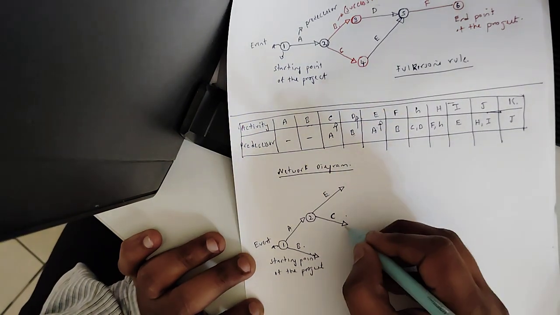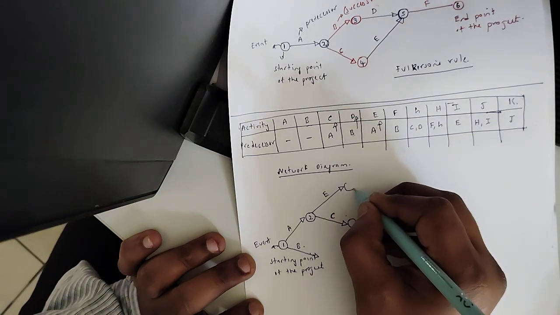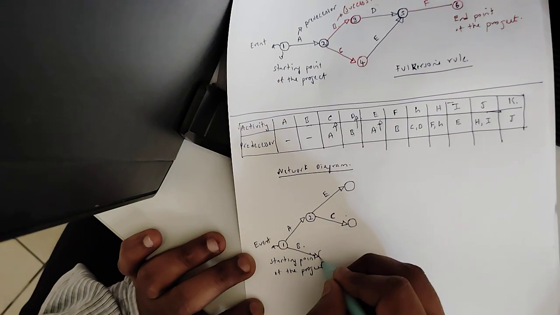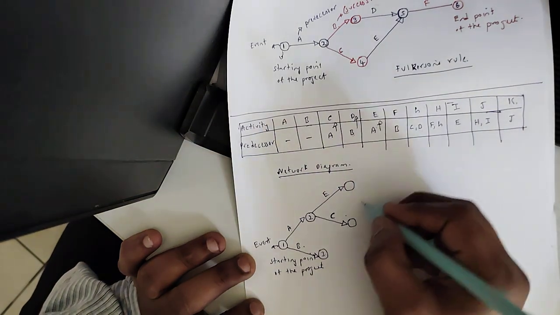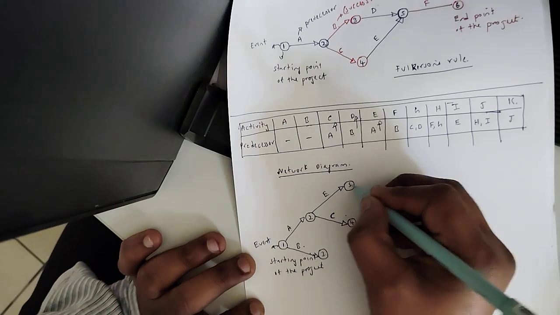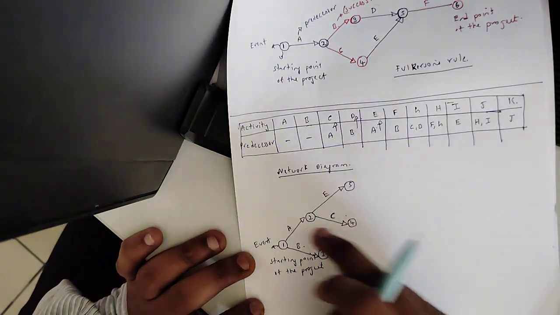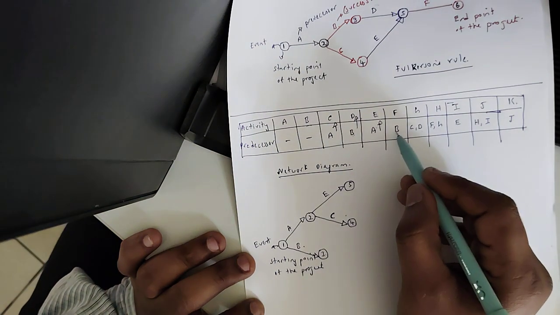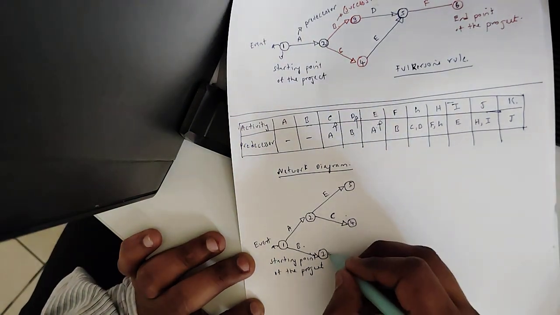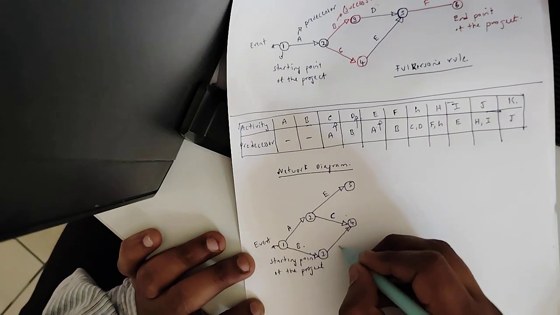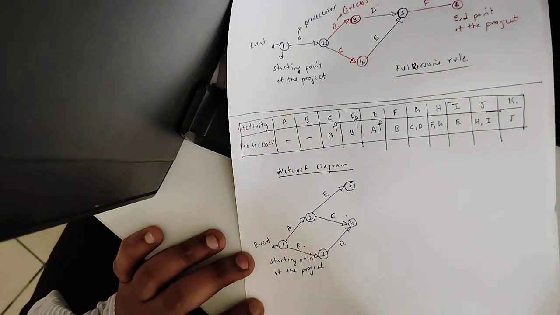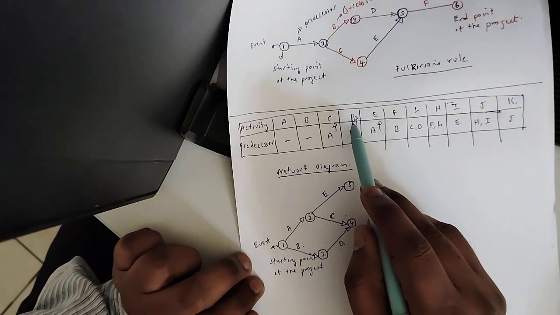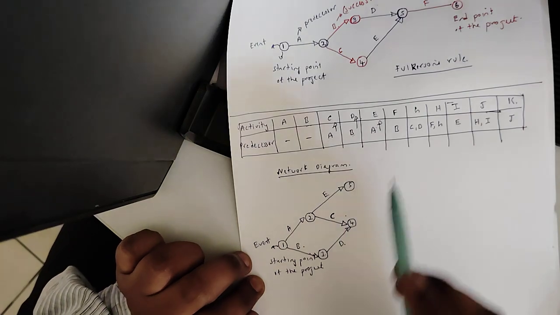So now I will mark the events. I will mention this as 3, this as 4 event, and this as 5th event, according to the network diagram. From B it should go to D. As I mentioned, once the B activity is completed, then it will go to D activity.